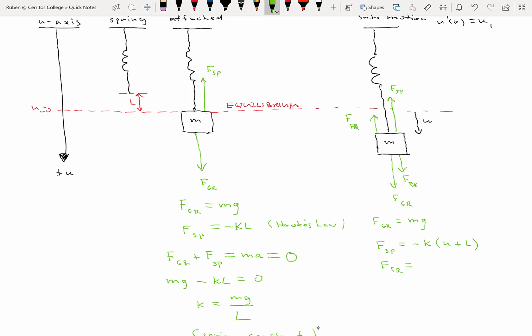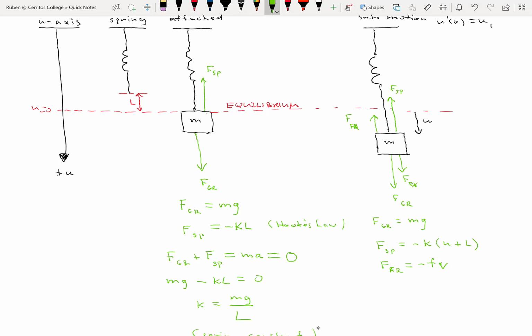Let's say that the frictional force is some constant, and this constant f is not a function. Your author uses this small f for the constant, some constant multiple of velocity. So let's say that the frictional force is minus some constant times velocity. Why minus? Purely for psychological reasons for right now.